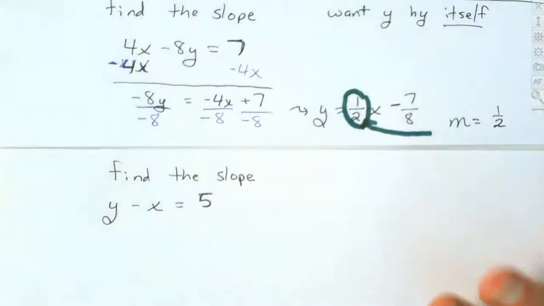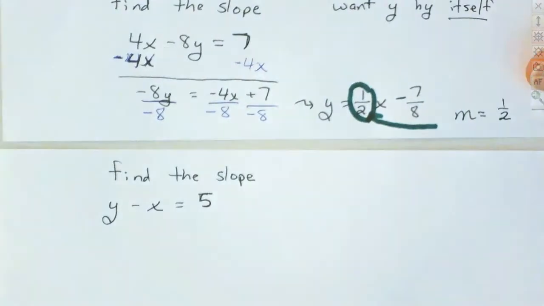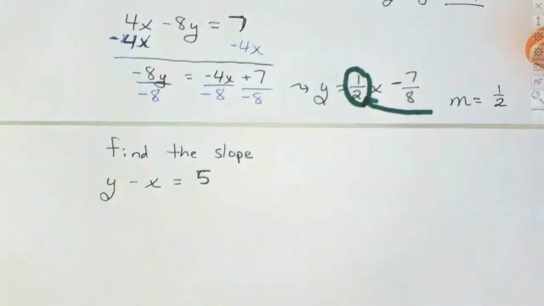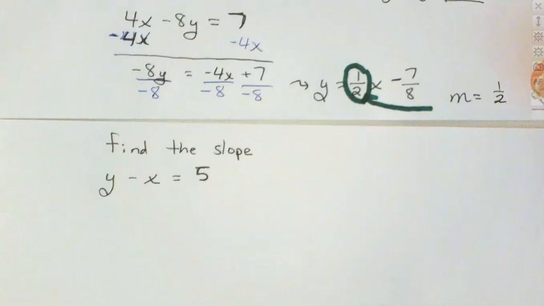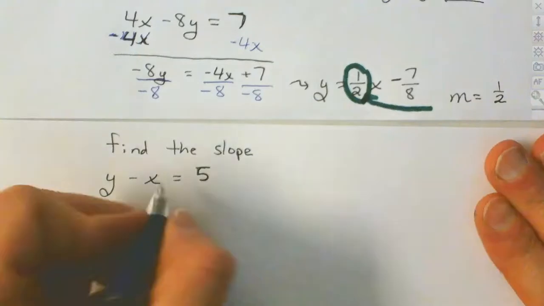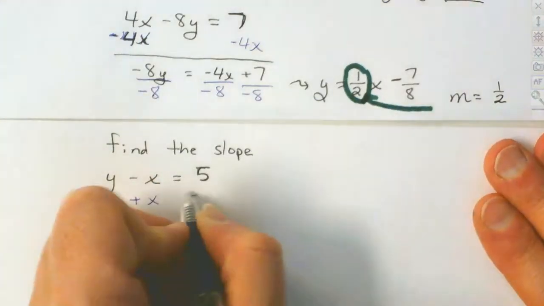And I made this one up on purpose. Well, we may do two of them. We'll do this one and another one. I'm trying to pick out two different scenarios to make sure we understand what's going to happen on this one. Now, I made up this one because if there is no number in front of the x, we're going to use a 1. So when I solve this for y, I'm going to have to add the x over.